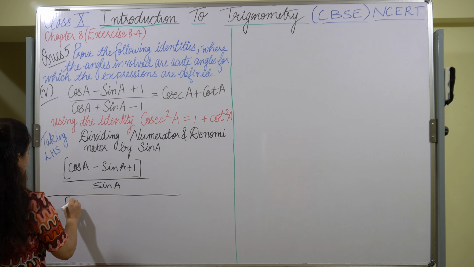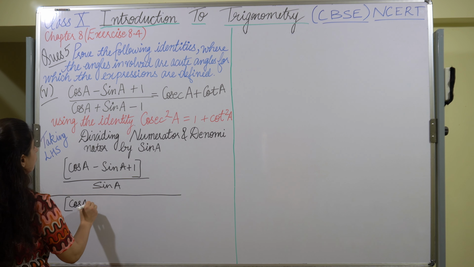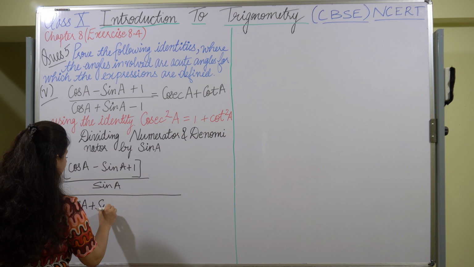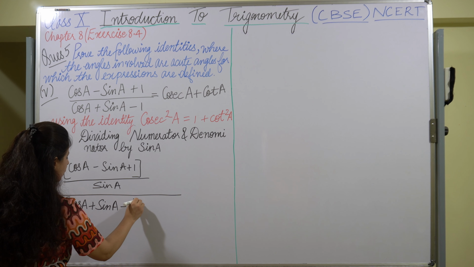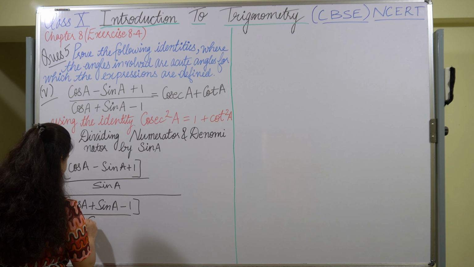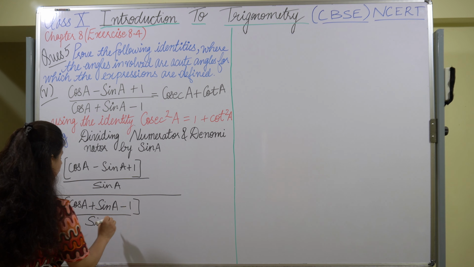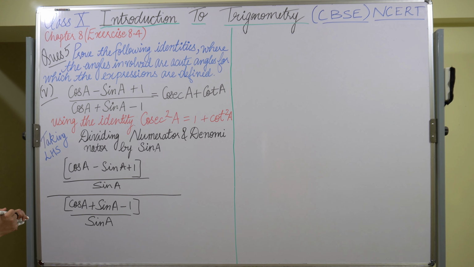Then the denominator part, cos A plus sin A minus 1 upon sin A. Okay, this is our denominator part.